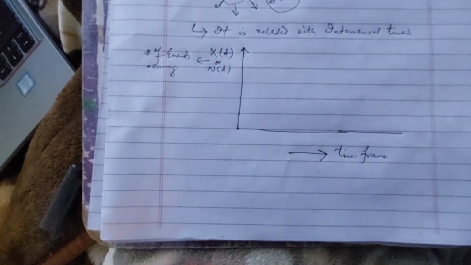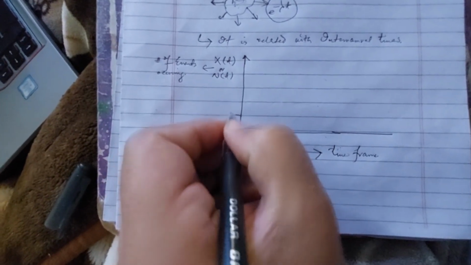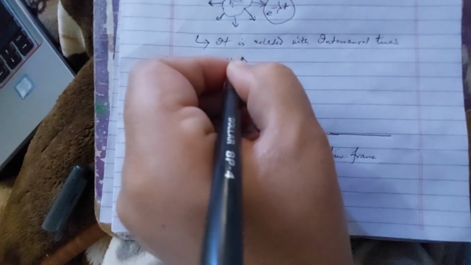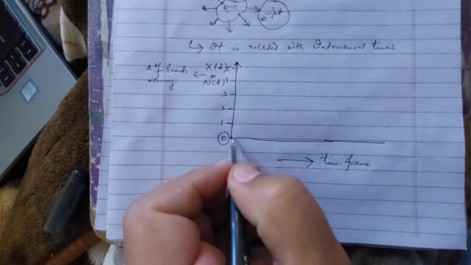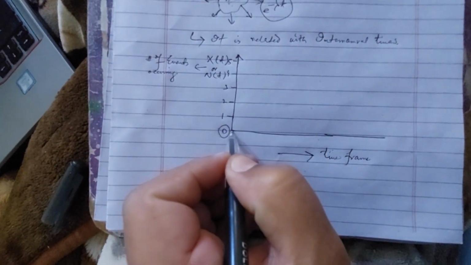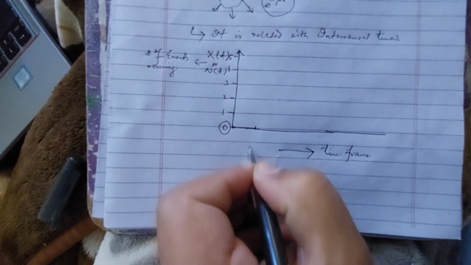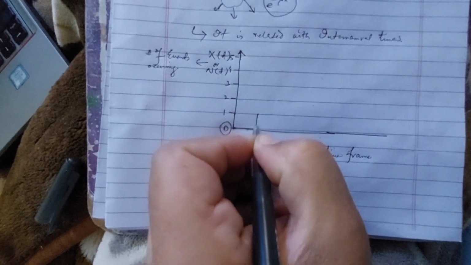Initially there are 0 events occurring. After some time, for example this time t1, an event starts to occur.